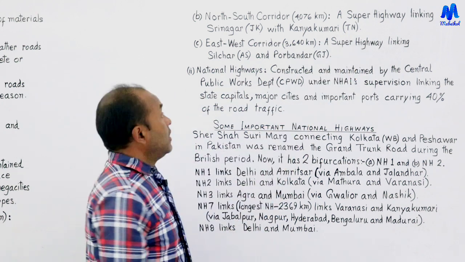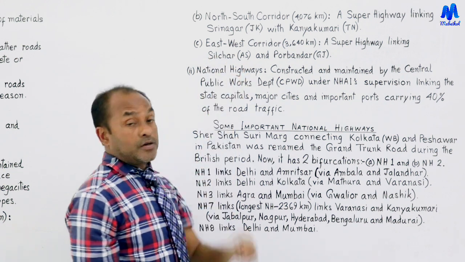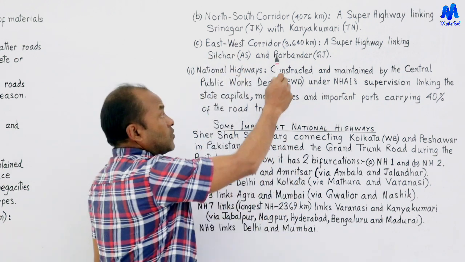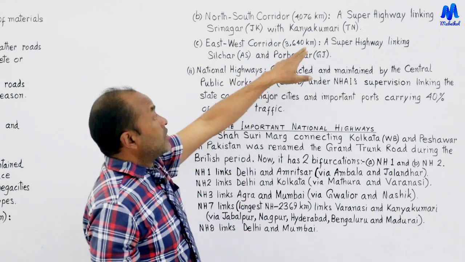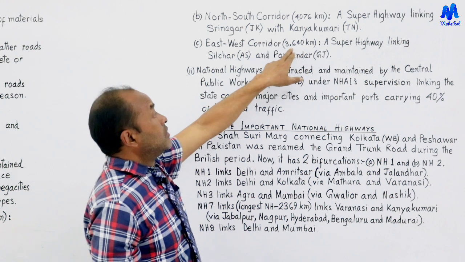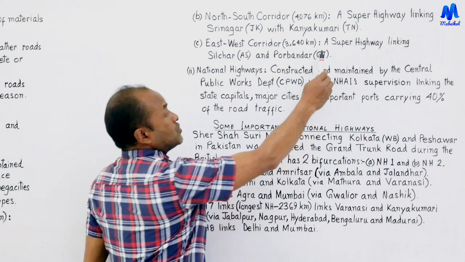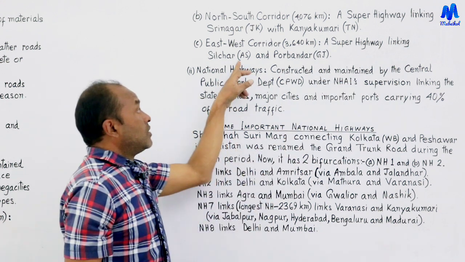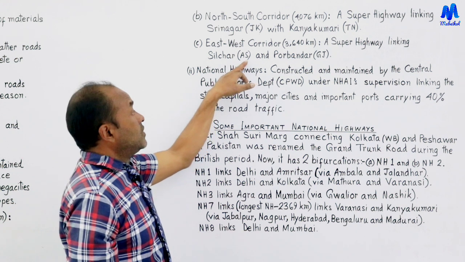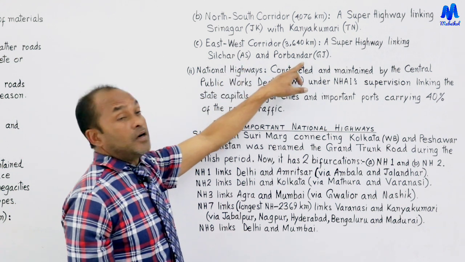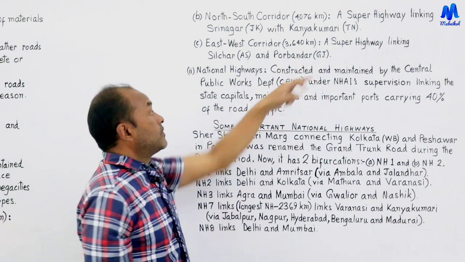And number C is the east-west corridor, somewhat shorter than the north-south corridor. It is 3,640 kilometers in length, and this superhighway links Silchar, a city in the state of Assam, with Porbandar, a city in Gujarat state of India.